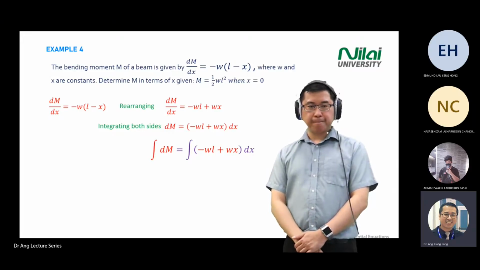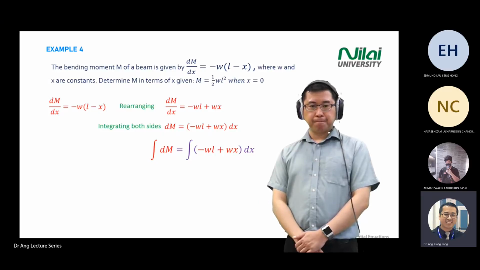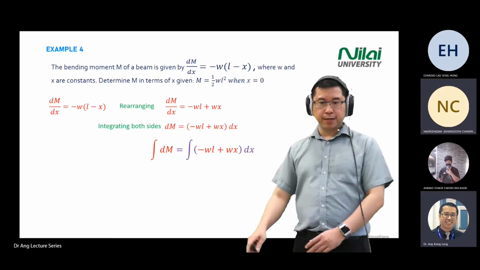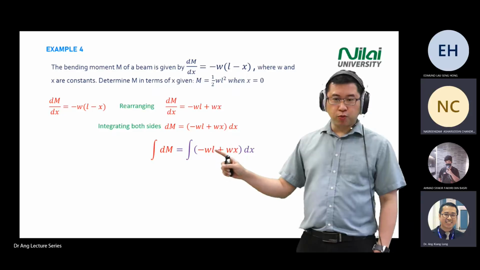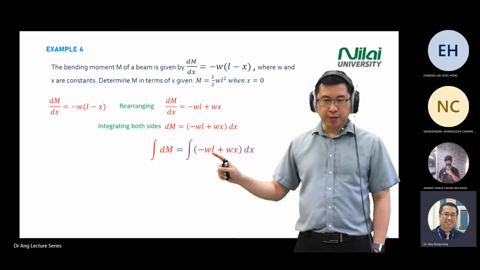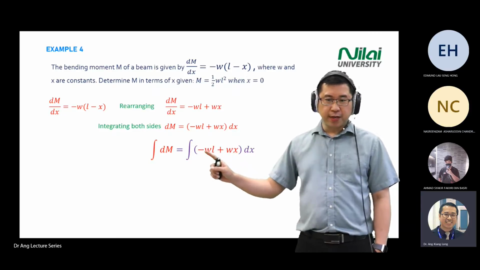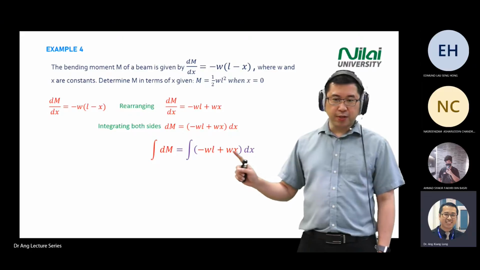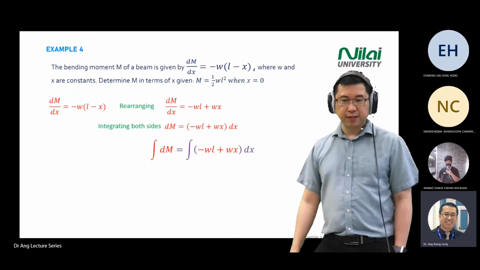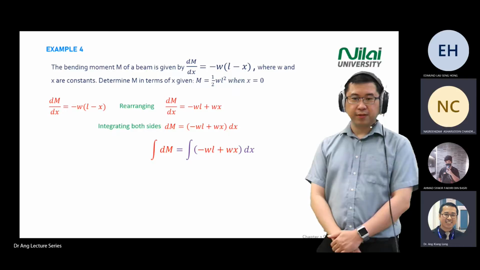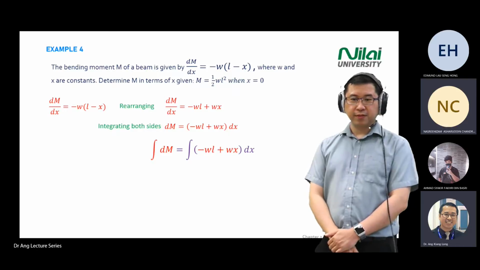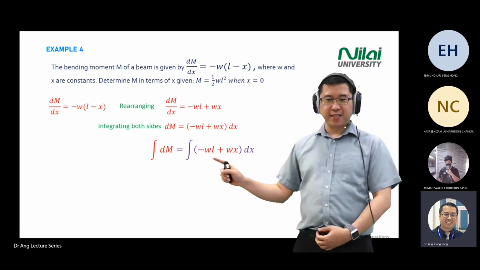Nizam, are you there? You know that this one you can break into two integrations, right? So I want you to solve the first one. You integrate negative WL dx, what do you get? Is there any x there?